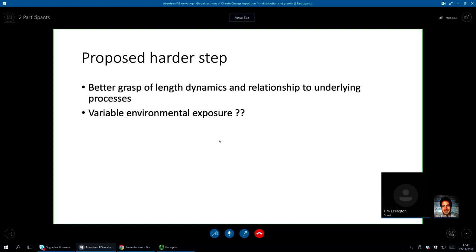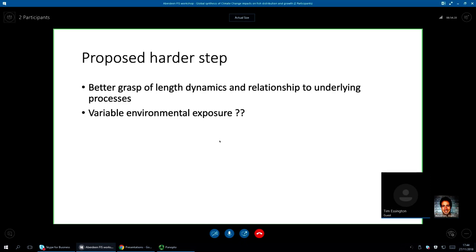But the harder step is that, remember, a lot of our data are changes in length. Length dynamics are just inherently more complicated than weight dynamics because they represent investments in structural tissue that generally can't be undone. We have more of those data, but they're trickier to work with. Similarly, as came up in the earlier discussion, it's not true that climate change is just changing the overall environment, it's changing the exposure pattern.